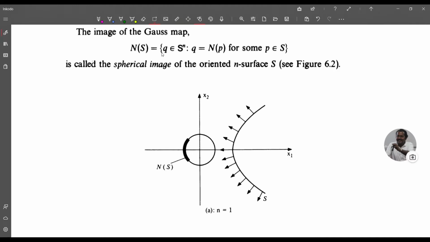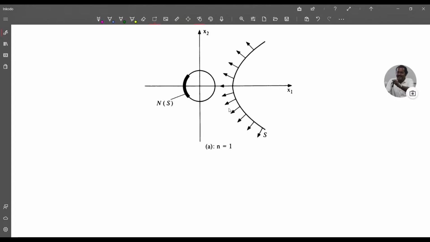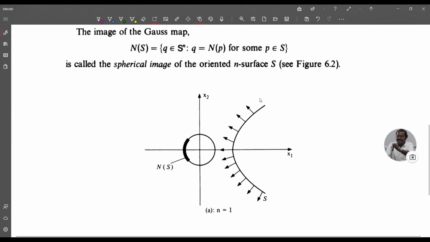N(S) is the set of all q belongs to S^n such that q equals N(p). Corresponding to this point, there exists a point here, and likewise for the others. So this is the spherical image of the set of points on this n-surface S.